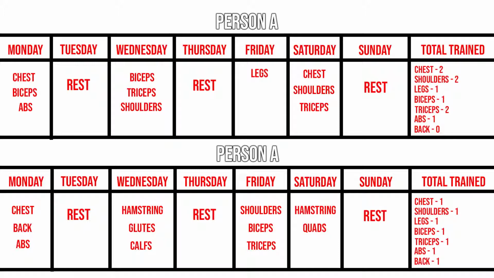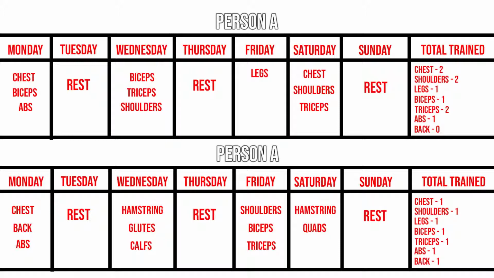On Wednesday, person A then went biceps, triceps and shoulders, whereas person B went hamstrings, glutes and calves, which is a lower body day. Thursday was another rest day, and then Friday, person A trained legs, whereas person B trained shoulders, biceps and triceps. And on Saturday, person A trained chest, shoulders, triceps, whereas person B trained quads and hams, and then it was a rest day on Sunday.